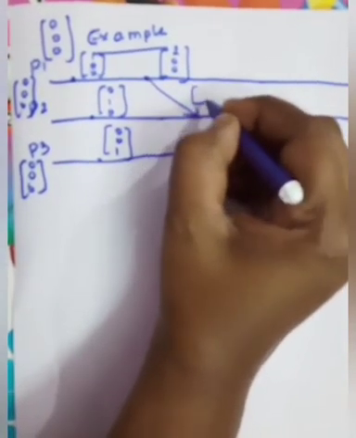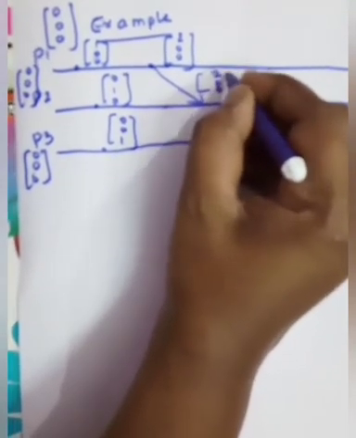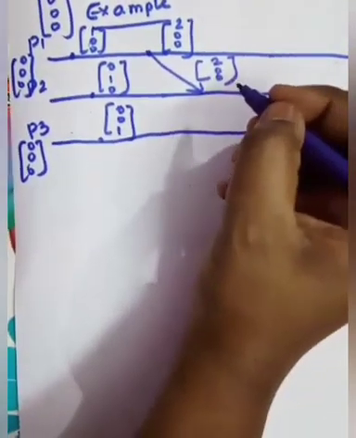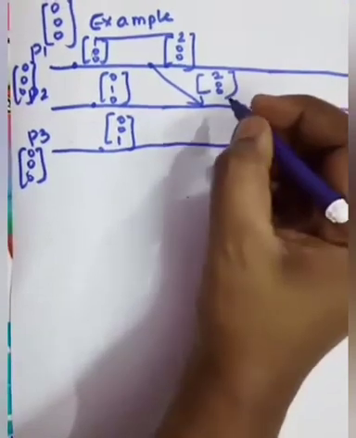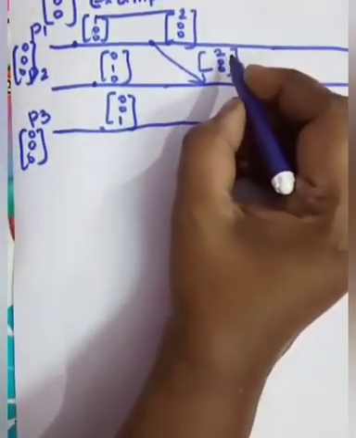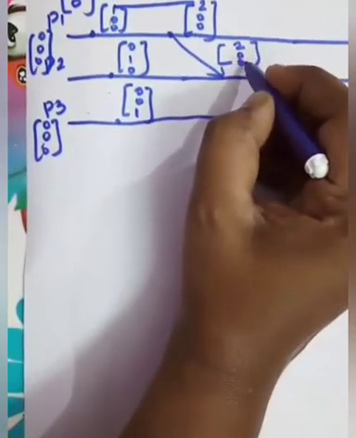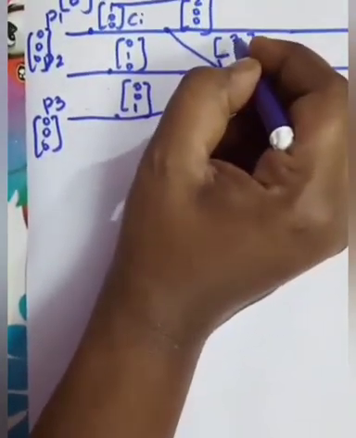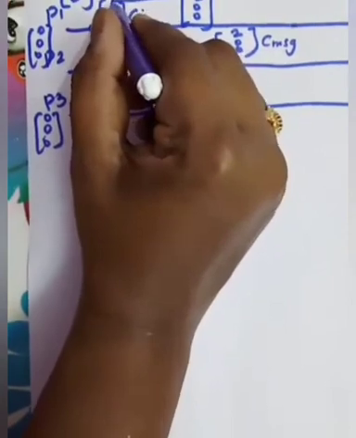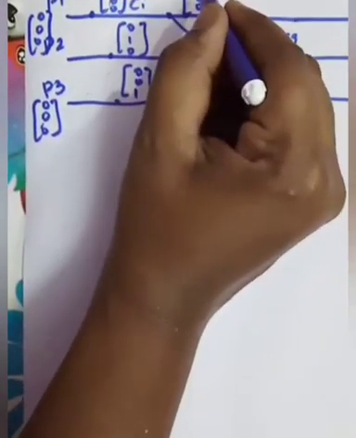When the timestamp value is received, rule 2 will be applied: this is the C message value and this is the Ci value. Both of them will be compared to find the maximum for P1. The maximum of 1 and 2 will be 2.